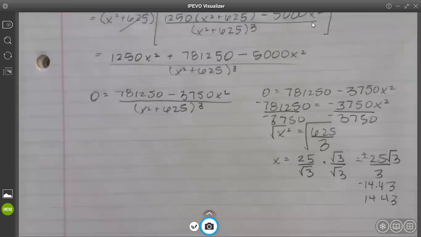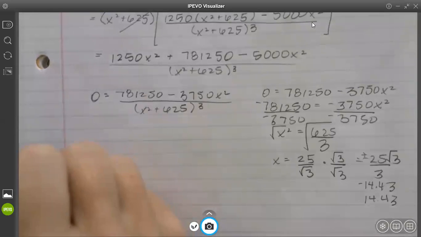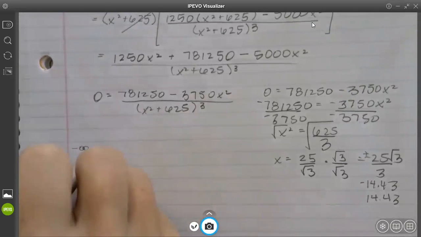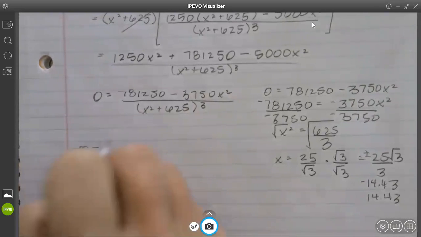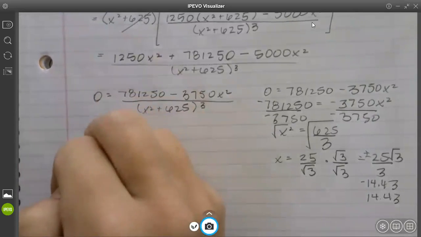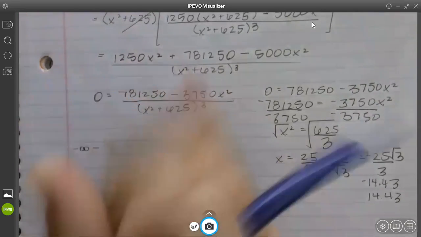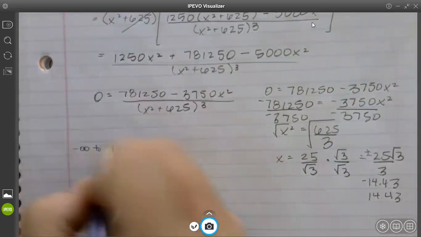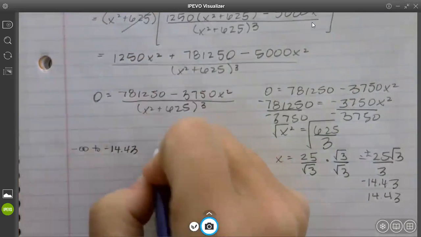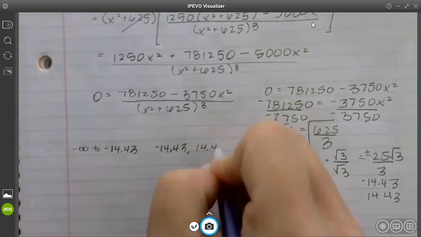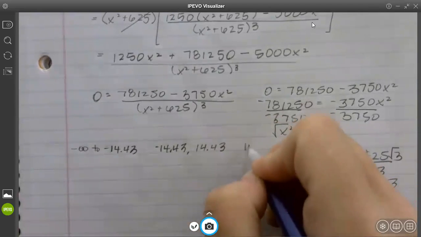Okay, so where's my intervals going to go from? Where should we start? Negative infinity to negative 14.43. This pencil has been breaking all morning. What's your next one?